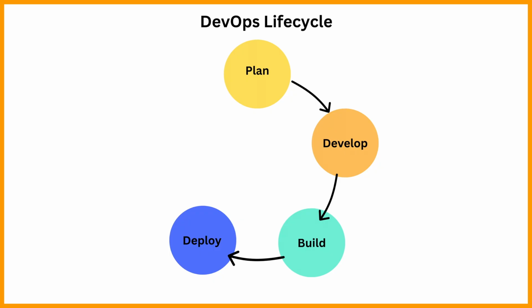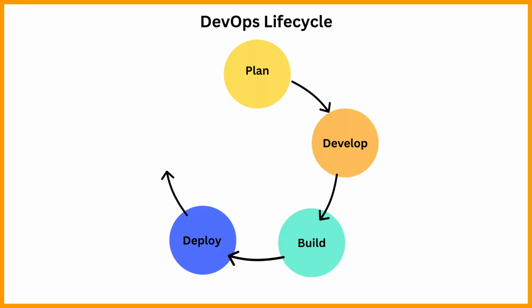Kubernetes then takes over to manage and scale these containers across multiple machines, ensuring high availability and performance. Then tools like Terraform and Ansible help automate the setup of servers, networking, and cloud resources, making sure everything is configured correctly and consistently. Together, these tools ensure that the application is deployed smoothly, reliably, and in a way that can scale as user demand grows.